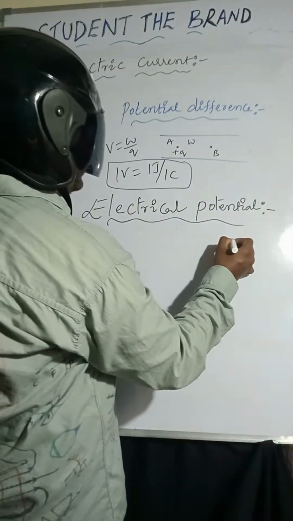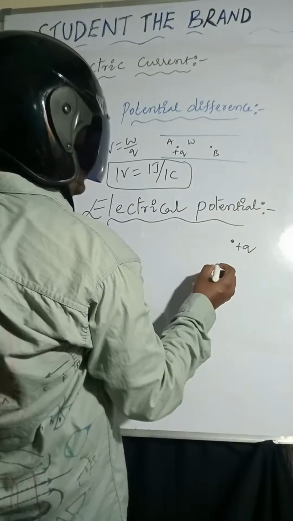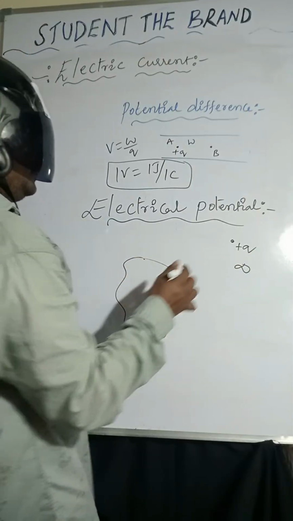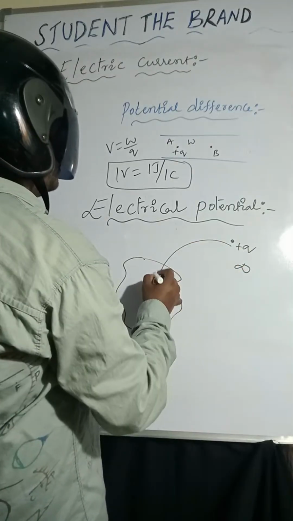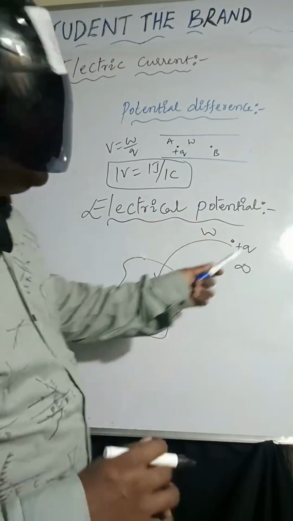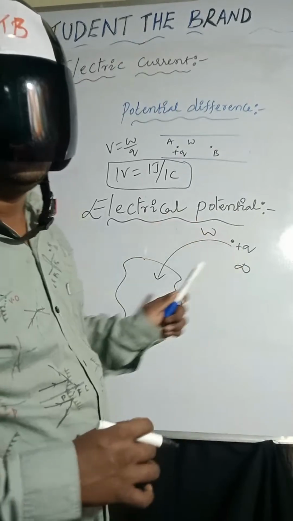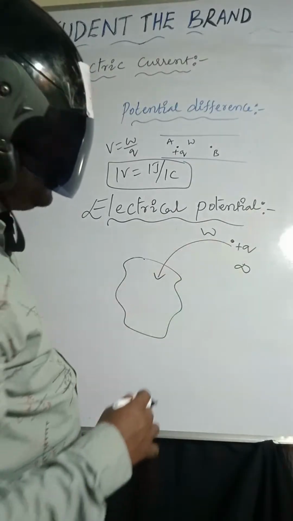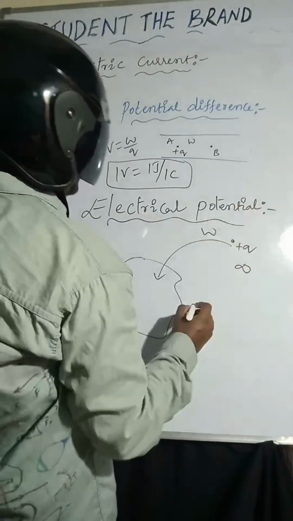Here I am taking the positive charge. If you take this infinity, and this required field, we are doing some work to bring a unit positive charge from infinity to the required field. That is called electrical potential.